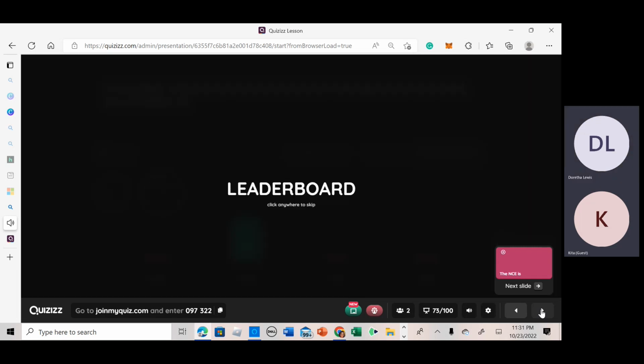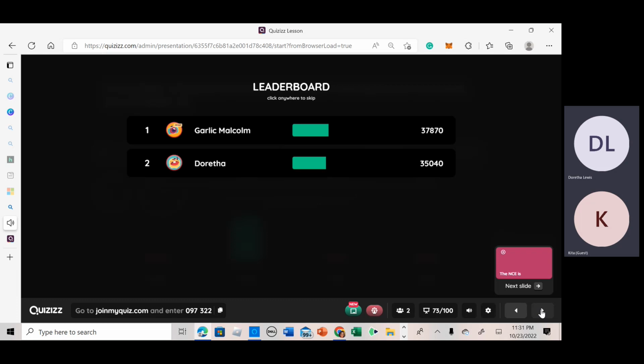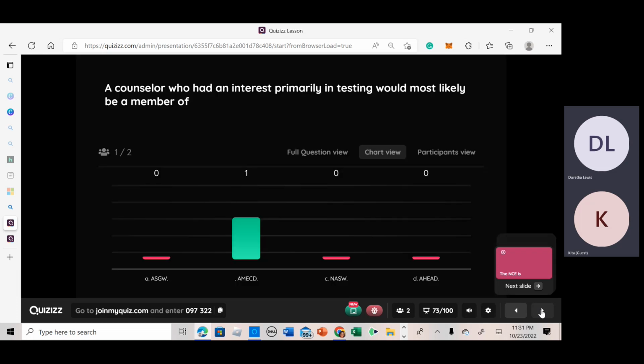A counselor who has an interest primarily in testing will most likely be a member of the AMECD. The discrepancy here is that the book says a counselor who has an interest primarily in testing would most likely be a member of the AARC, which is the Association for Assessment and Research in Counseling. It's one of the 20 ACA divisions.